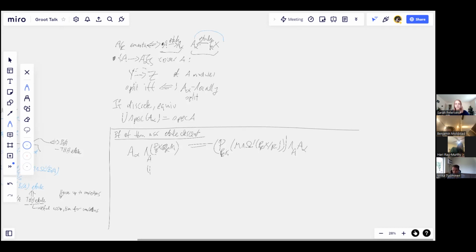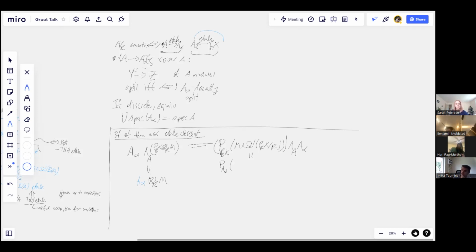So I'm going to get A alpha smash A alpha tensor over R with M. This thing is going to be equal to P A alpha.